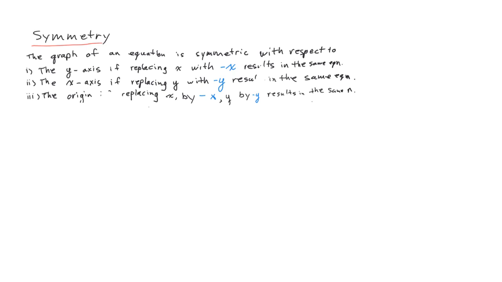So today we're going to talk about a concept called symmetry, right? When we talk about symmetry, we're actually talking about if I had a shape, let's say a shape that kind of looked like this, right?